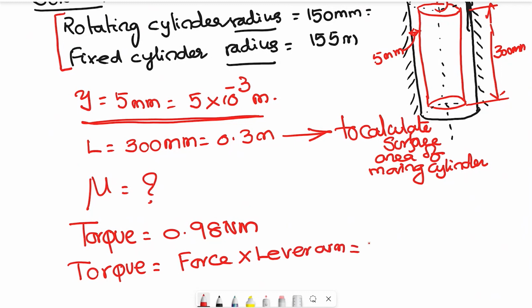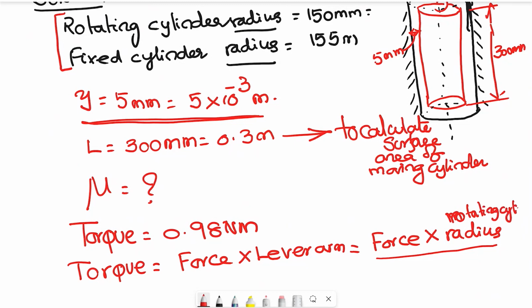What is the lever arm here? Radius. So whatever radius is there, the radius of the cylinder which is rotating, that is what I write. It is only the rotating cylinder radius. The fixed cylinder dimension is required only to calculate y.